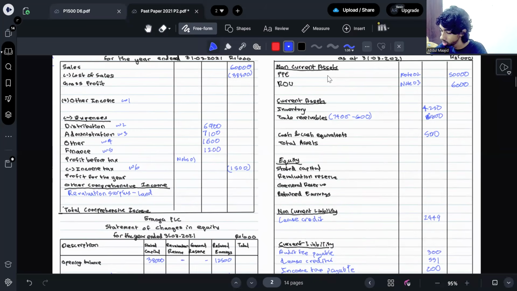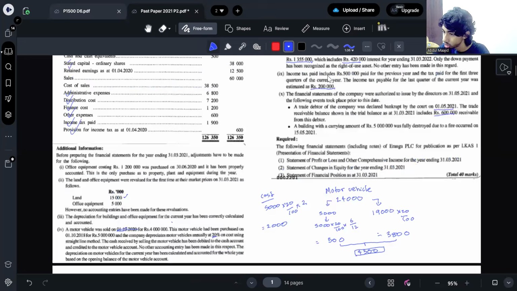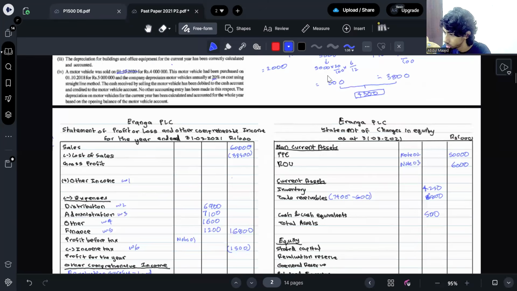Total expenses are 16,800,000. The other income we can record. There is only one other income apparently. The disposal gain 1,000. Now gross profit will be 60,000 minus 38,500. That is 21,500.